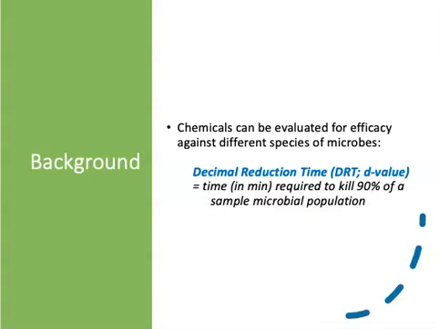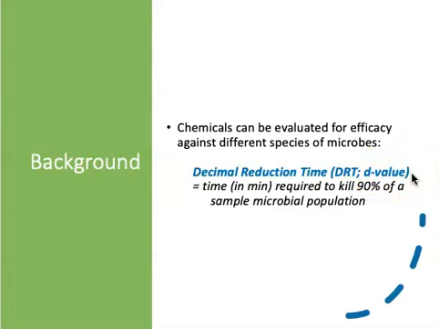One of the ways that we can evaluate chemicals for their efficacy against certain microbes is by doing what's called decimal reduction time testing. We talk a little bit about this in the lecture. Decimal reduction time is shorthanded as DRT. In some source materials, you'll also see it listed as the D value for a chemical.